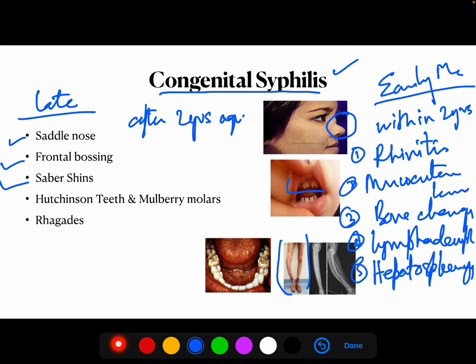Here you can see the top incisors, that is notched incisors, and also mulberry molars.